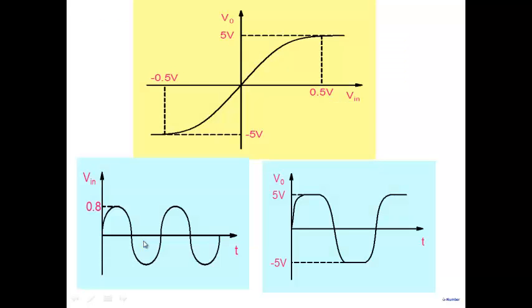Now, obviously, if I have a situation like this, let's say the saturation voltage is 5 and minus 5. If I apply a 0.8 volt input here, I expect it to go larger because the gain, let's say, is greater than 10. So I expect output to go beyond 8 and beyond minus 8 here. All that it will go is 5 here and minus 5 here.